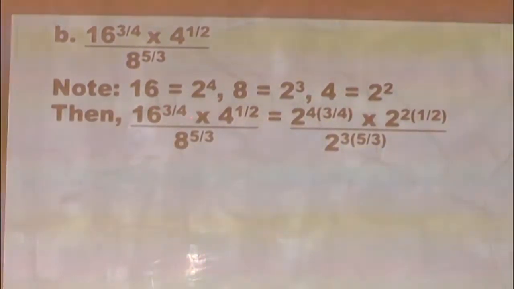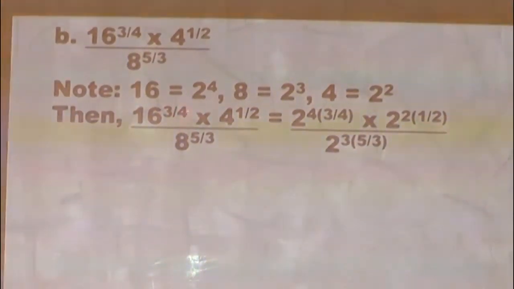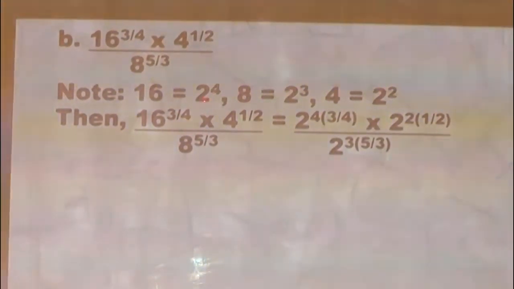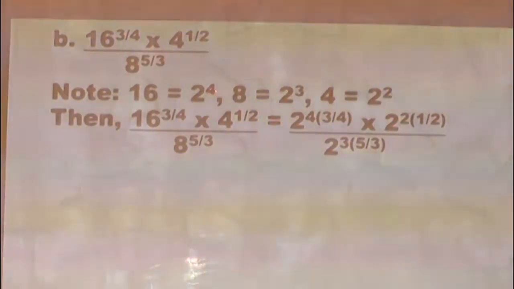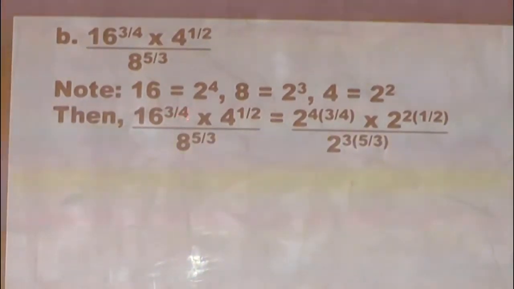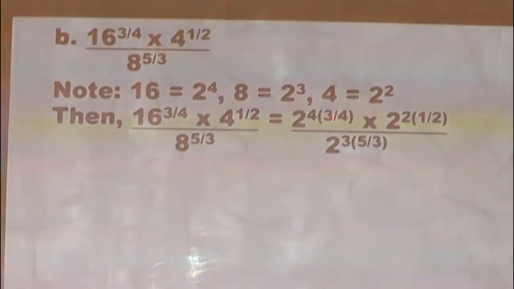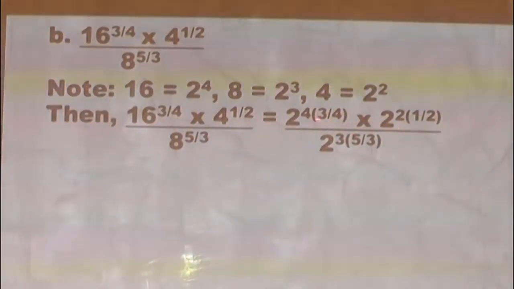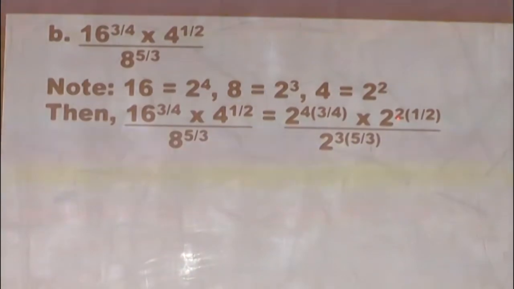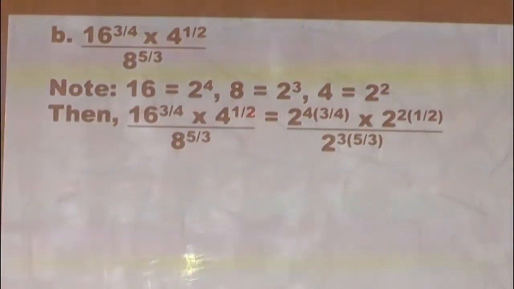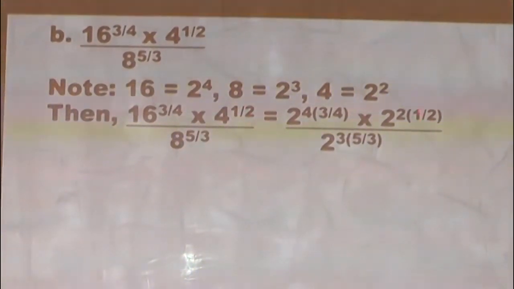The initial power will now be in brackets because this 2 raised to the power of 4, this 4 will now be multiplying this 3 over 4. That is why we introduce this bracket here. Multiply by this 2 raised to the power of 2 in place of this 4. The initial 1 over 2 will be within the brackets.